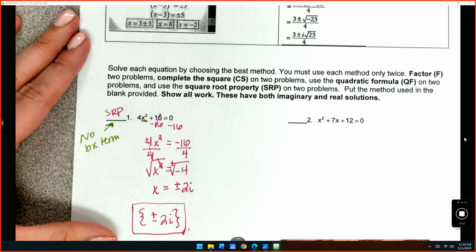Remember the negative comes out. What does the negative under the square root come out as? i. And once I pull the i out, there's no more negative under the square root. The square root of 4 is 2. So this would be 2i.